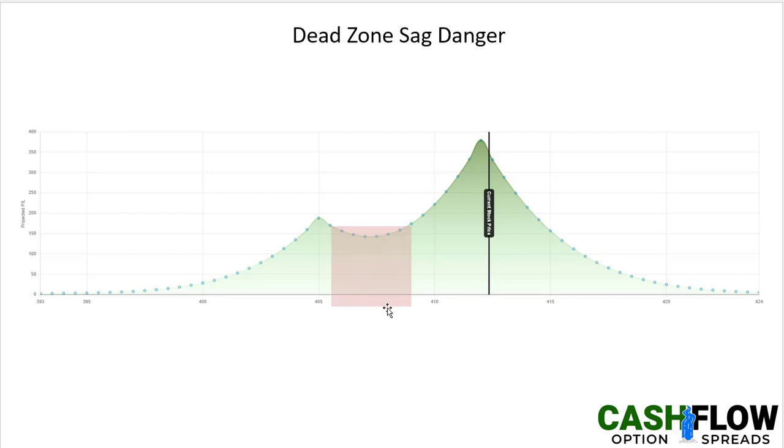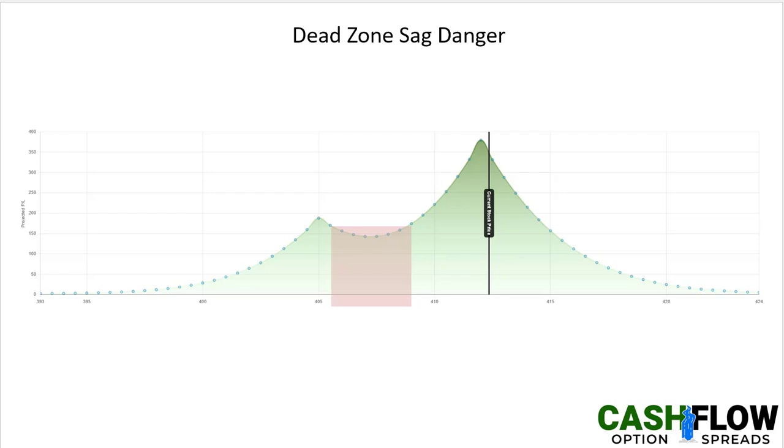And the reason that there's risk there is because at one point by expiration, or before the end of expiration, the value of the long options in this spread could be wrong. The ending projected value could be wrong, and that's going to drop that dead zone, potentially.